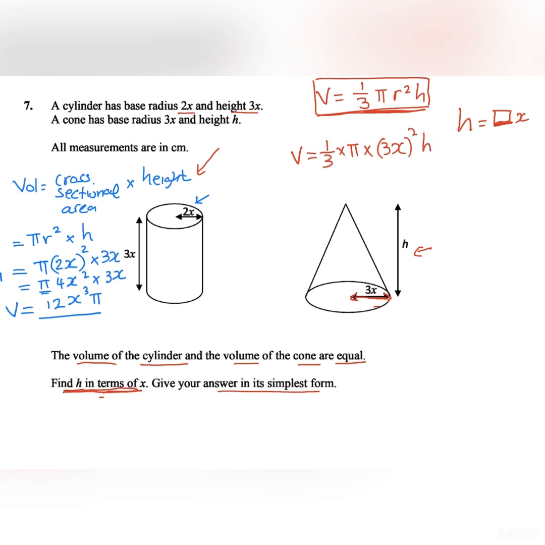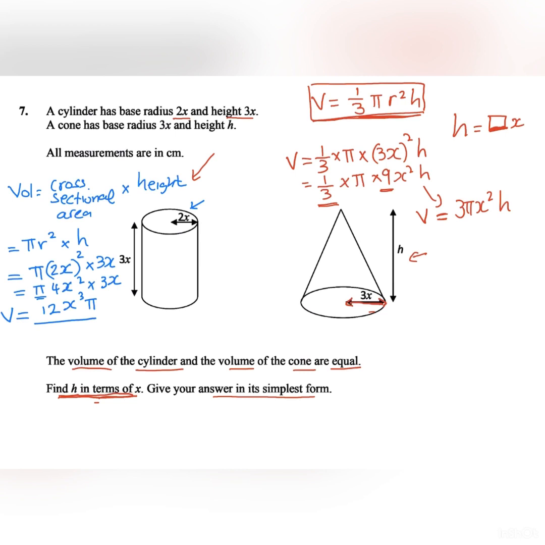Simplifying this a little bit further, we go 1/3 times pi times 9x squared h. Now 1/3 of 9 is 3. So this is going to be 3 pi x squared h. So this is the volume of the cone.